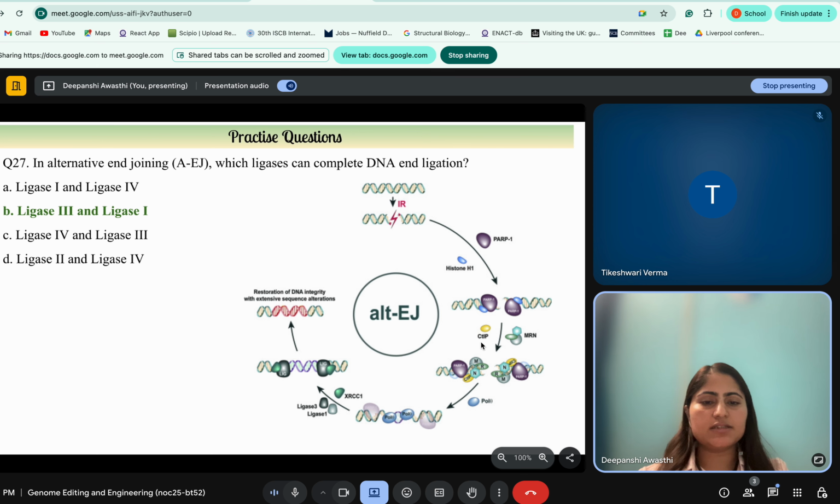Then other proteins, CtIP and MRN, are also available. Polymerase theta is used here for the extension, and then for the ligation, ligase 1 and 3 along with XRCC1 are involved. Yeah, in all other options ligase 4 was present, so that's why this is the right option.